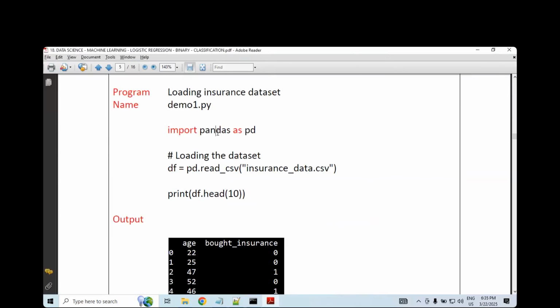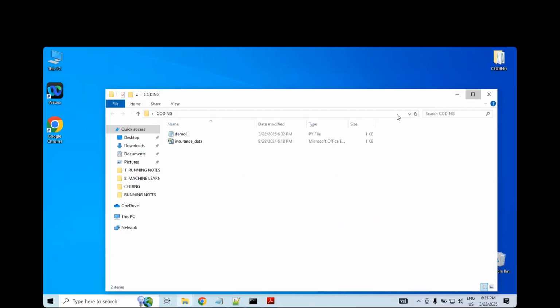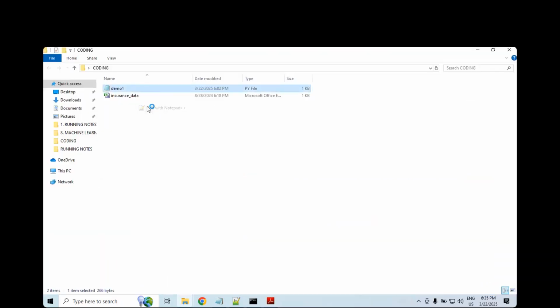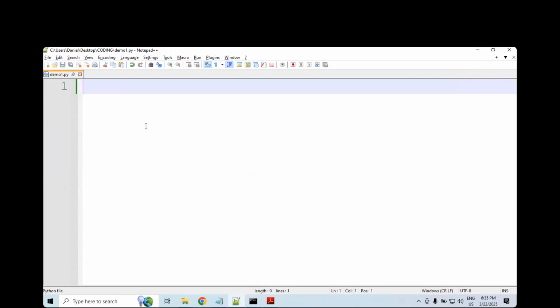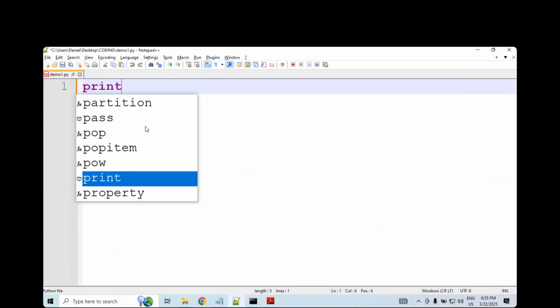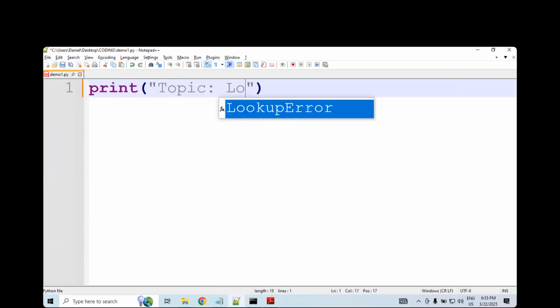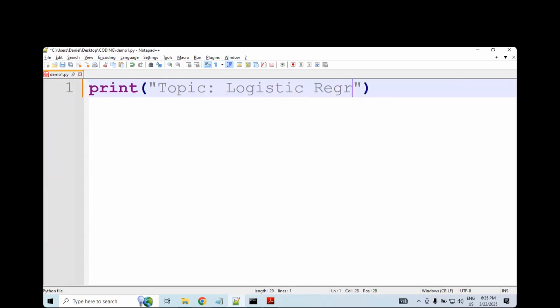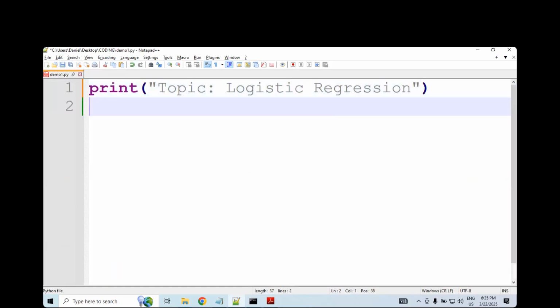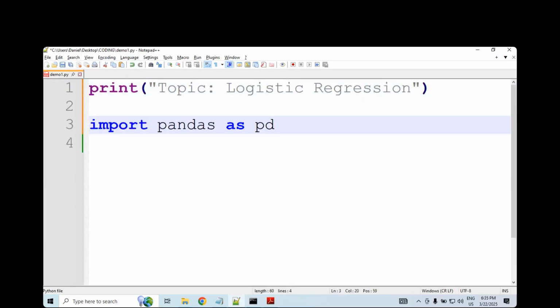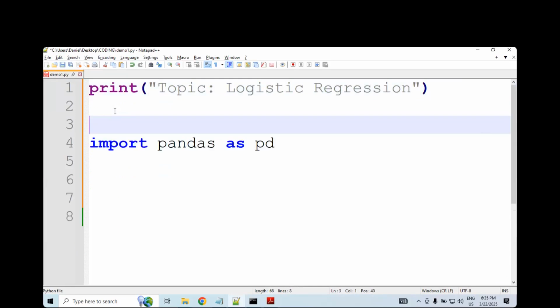Yeah. Sir, as usual, first let us load pandas. Print. Topic: logistic regression. What is the topic, sir? Logistic regression. Can you talk with me?